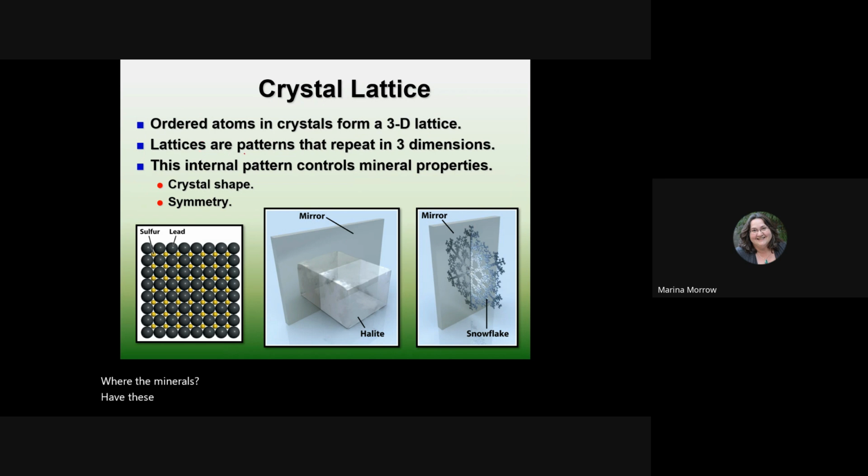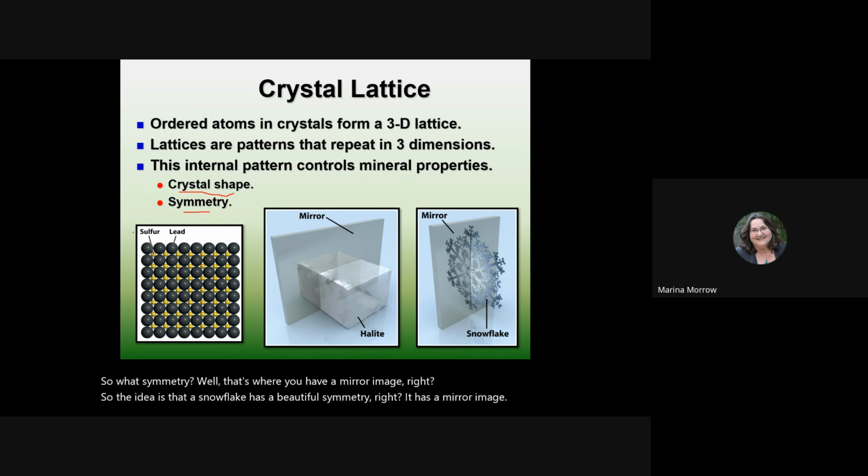So, okay, we're looking at patterns that repeat in 3 dimensions, and that controls a lot of mineral properties, like the crystal shape and symmetry. So what's symmetry? Well, that's where you have a mirror image, right? So the idea is that a snowflake has a beautiful symmetry. It has a mirror image.